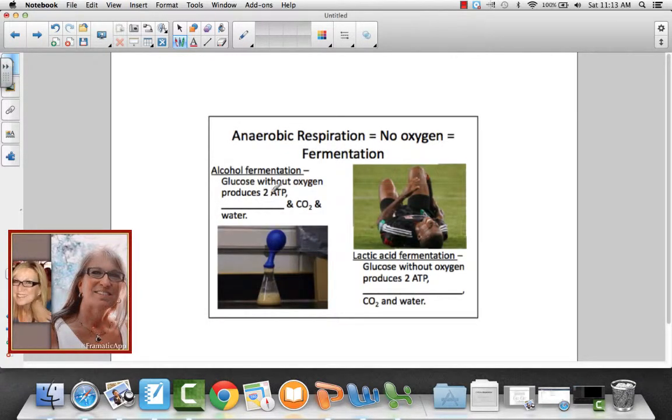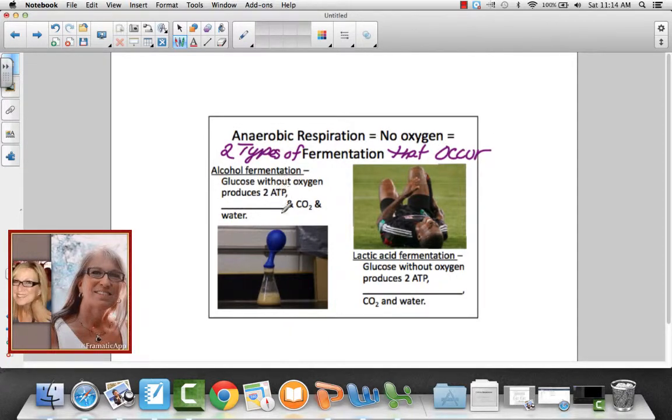Now let's look though at anaerobic respiration. As I said, anaerobic respiration means no oxygen. And there's two types of fermentation that occur.